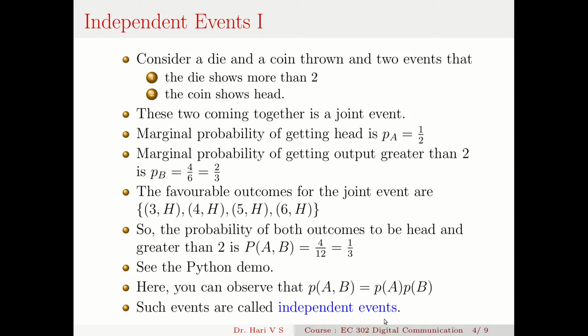For example, the apples imported in India and the number of people in mental asylums in India are quite independent things. Likewise, if the joint probability is equal to the product of the marginal probabilities, if it is separable this way, then such events are called independent events.